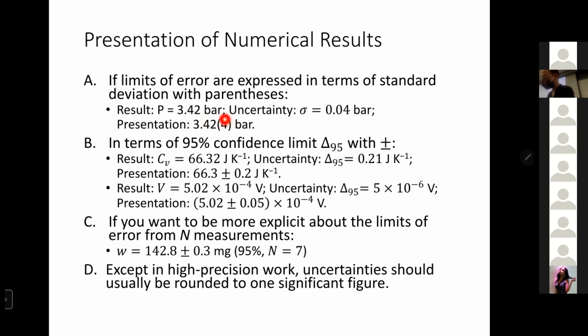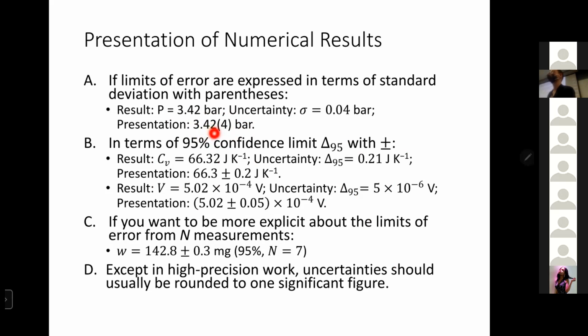This number in parentheses represents how much uncertainty there is in the last printed digit of the value. So this notation here, 3.42(4) bar, means 3.42 bar, but with an uncertainty of 4 in this last digit, which is a digit of 2 in the hundredths place. So basically that means that the uncertainty is 0.04.